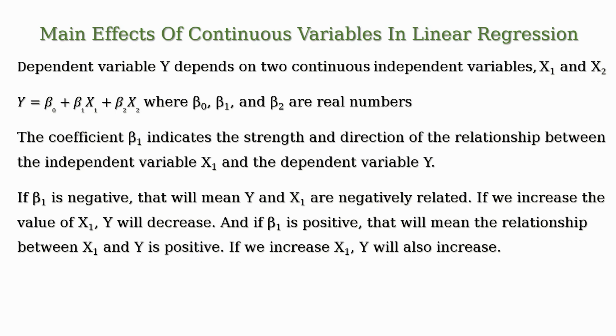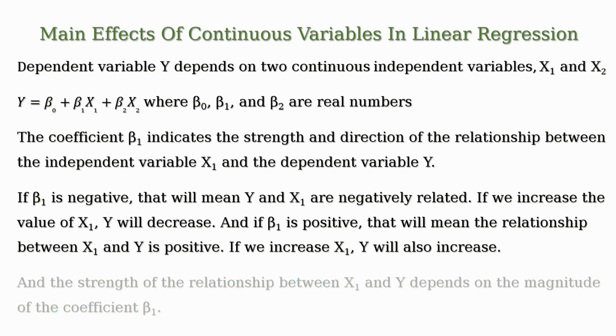And if beta 1 is positive, that will mean the relationship between x1 and y is positive. If we increase x1, y will also increase. And the strength of the relationship between x1 and y depends on the magnitude of the coefficient beta 1.